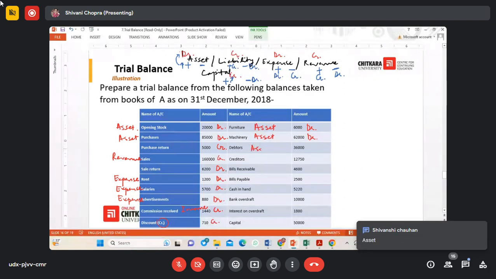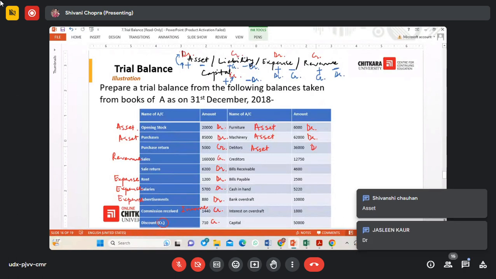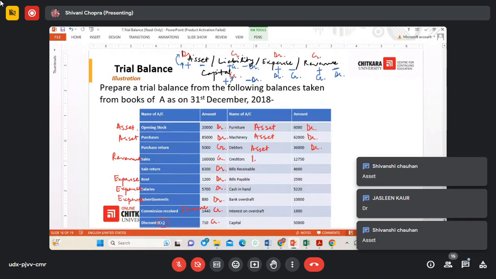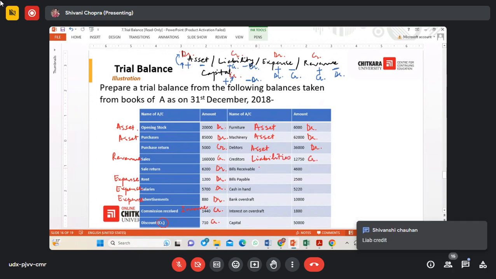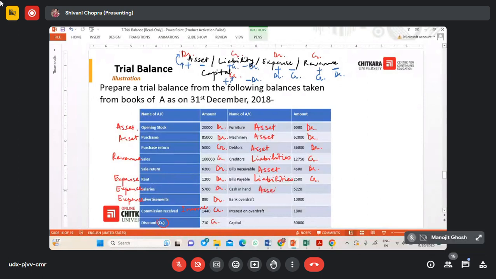Debtors, asset. Debit. Creditors, liabilities. Credit. Bills receivable, asset. Debit. Bills payable, liabilities. Credit. Cash in hand, asset. Debit.